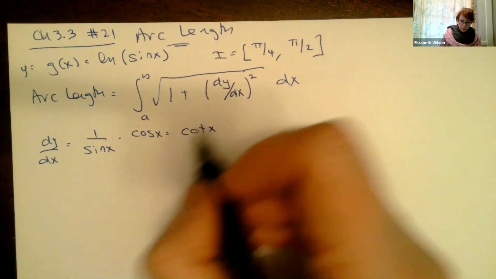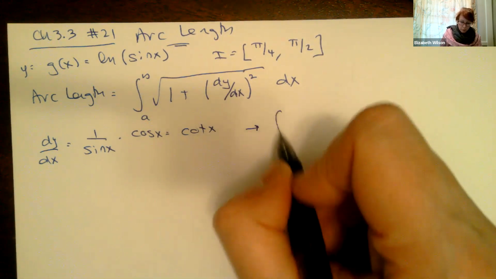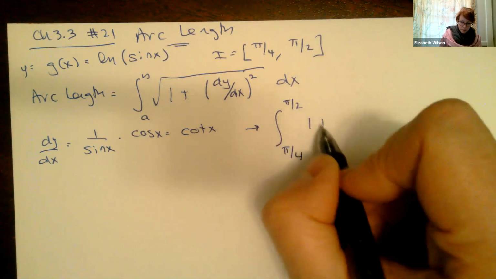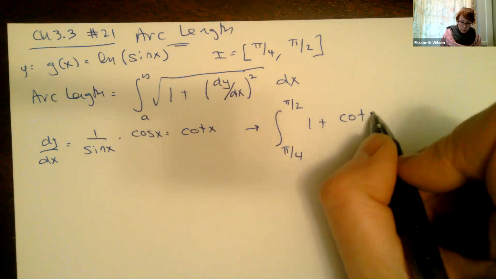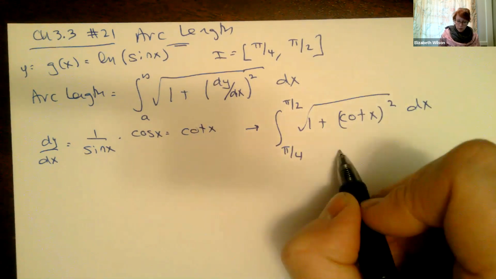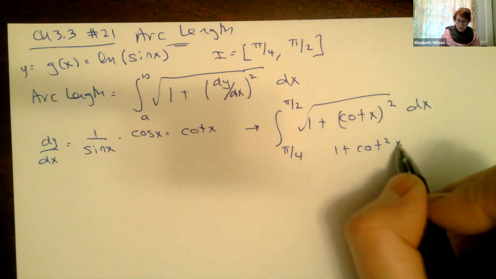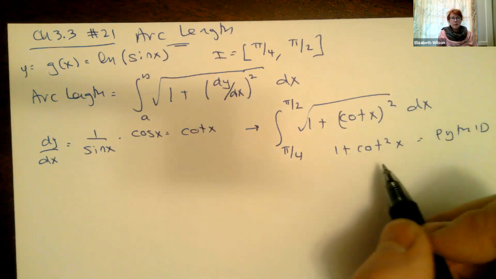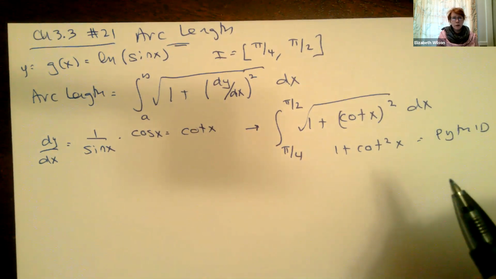So I need to square that and put it in here. I'm going to go from pi over 4 to pi over 2 of the square root of 1 plus cotangent squared of x, dx. So 1 plus cotangent squared of x is a Pythagorean identity. It starts off with sine squared plus cosine squared equals 1.